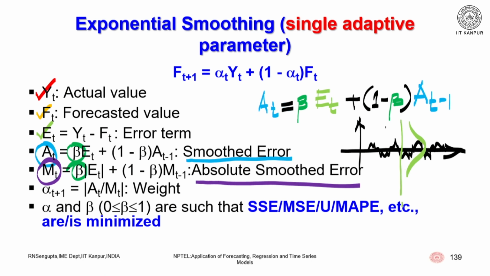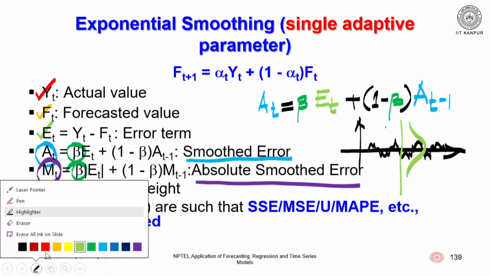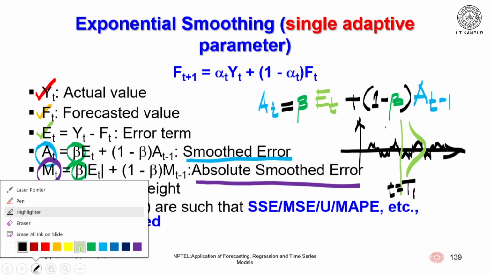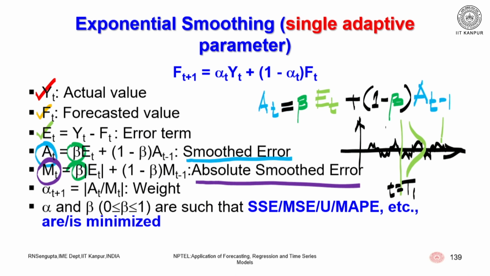So, this is for, say for example, time period t is equal to capital T1, whatever it is, and if I consider the error term for another time period t2, again the mean value remains the same and the variability also the same.